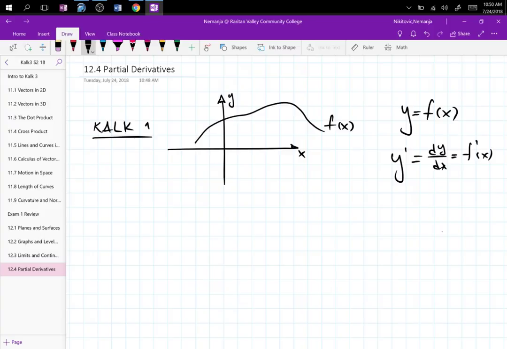There are more. Now, that was the slope of the tangent line. So if I pick a maximum point over here, we would have the horizontal. That was terrible.